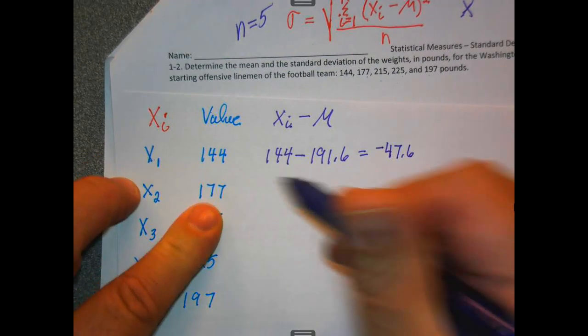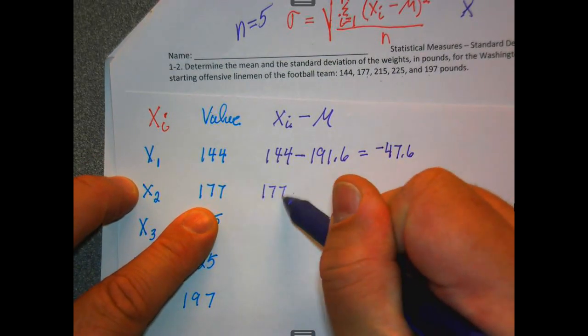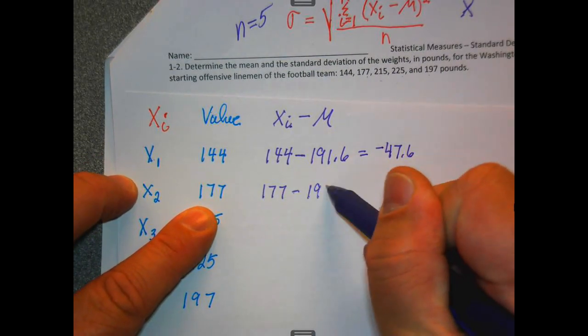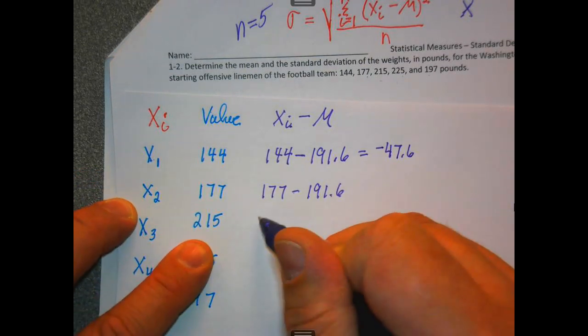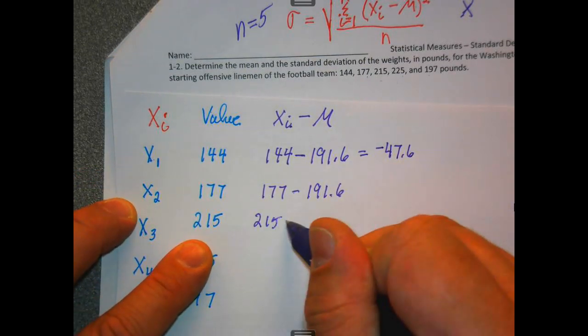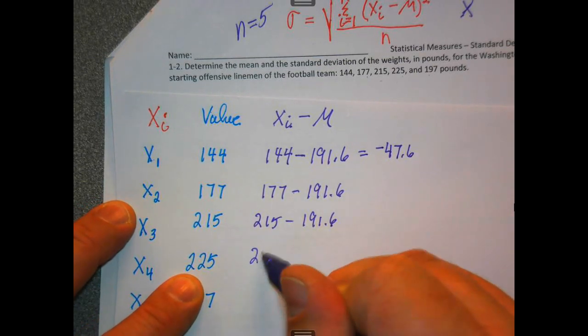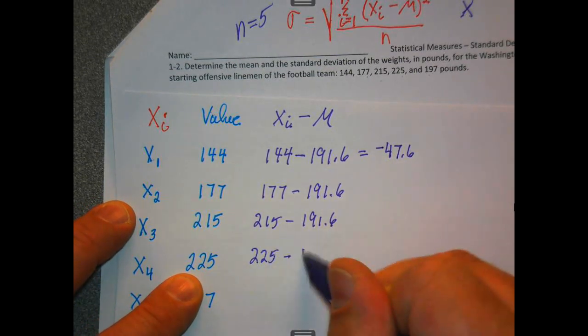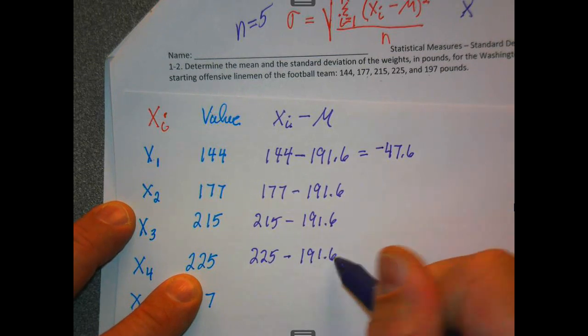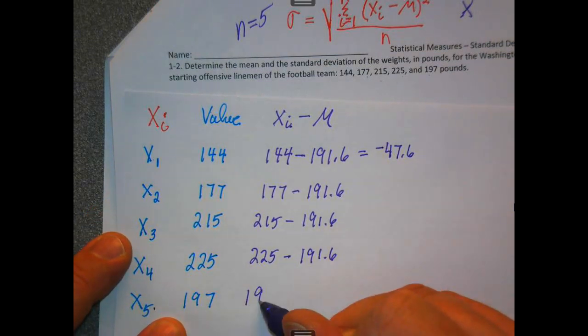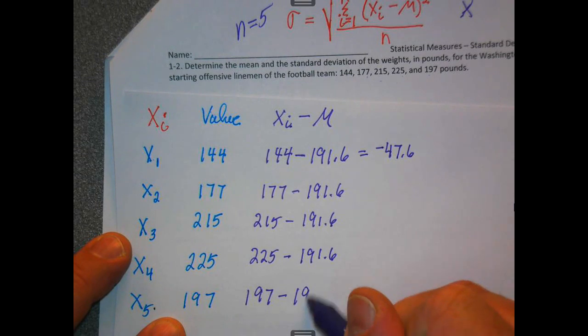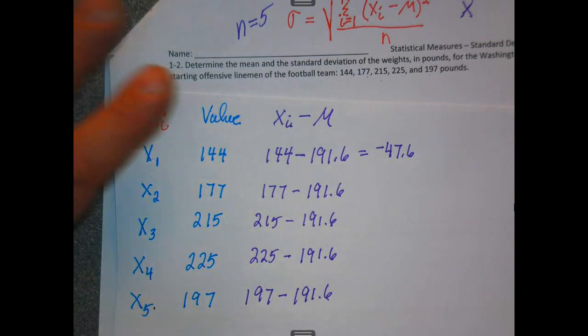The values for those: 177 minus 191.6, 215 minus 191.6, 225 minus 191.6, 197 minus 191.6.